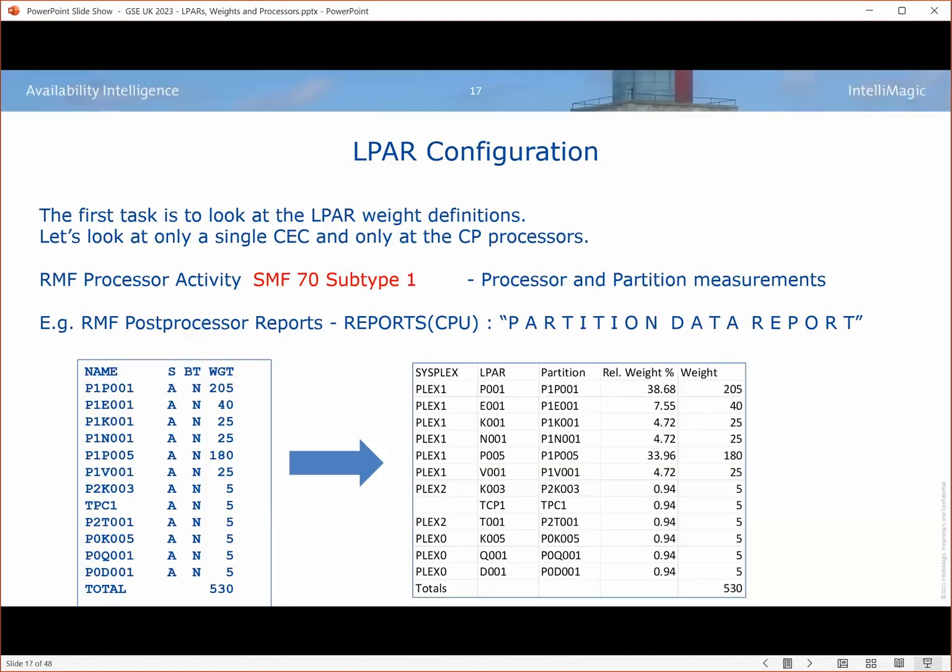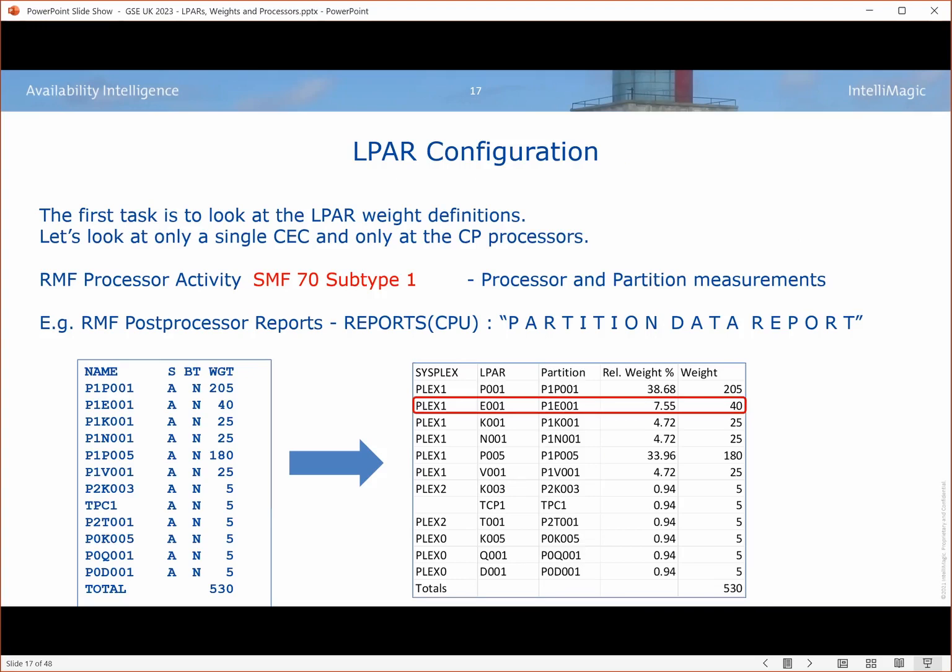Okay, so how does all this hang together? We started with the LPAR weights, so let's look at that. I'm using an RMF report here, SMF 70 subtype 1, the processor and partition measurements. On the left, you will see what we see in RMF with the partition names, and on the right, I've just placed that into an Excel table for us. Our example LPAR is E001. That's partition P1 E001.